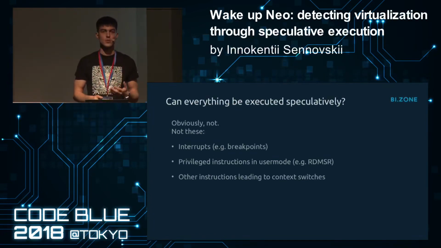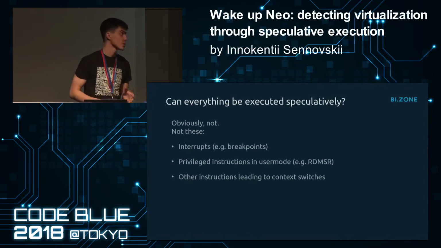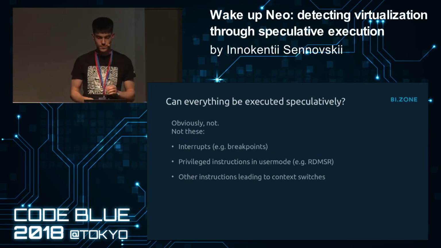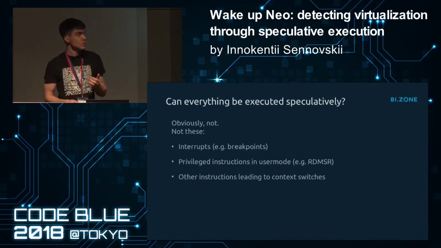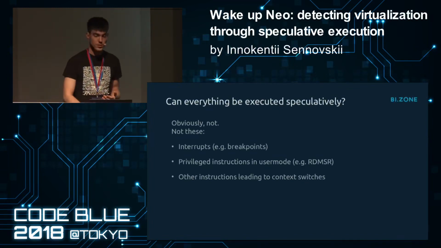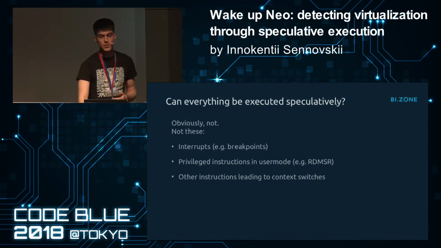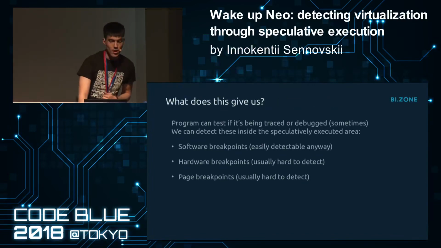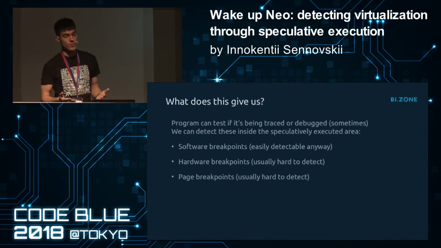It is only executable at current privilege level 0. Also, many other instructions which lead to context switches can't be executed, since the CPU doesn't know how to handle them speculatively. So what can we do with this information?